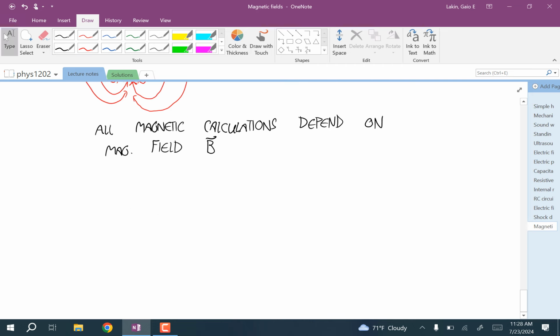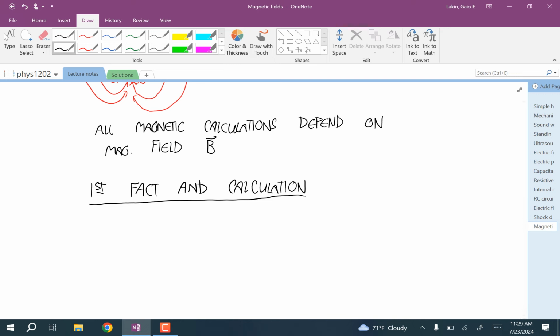Okay, so the first calculation, now we're finally to the point where we can do some calculations. And so here's the first fact and calculation. Magnetic field vectors don't have any effect on charged particles at rest.